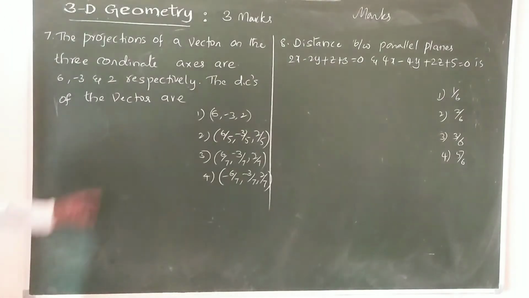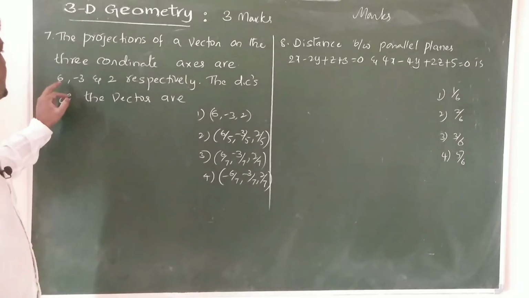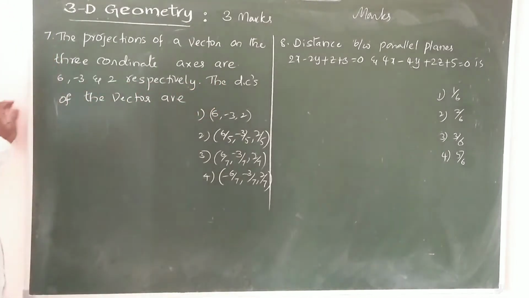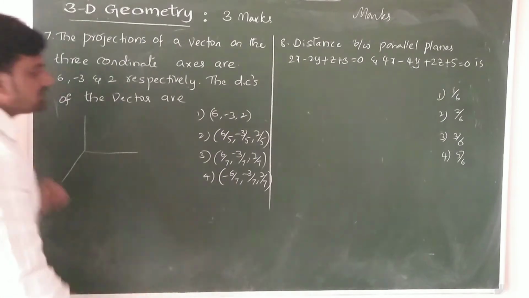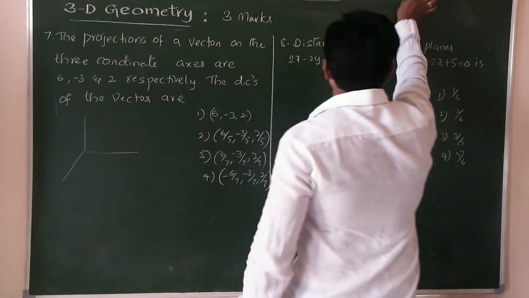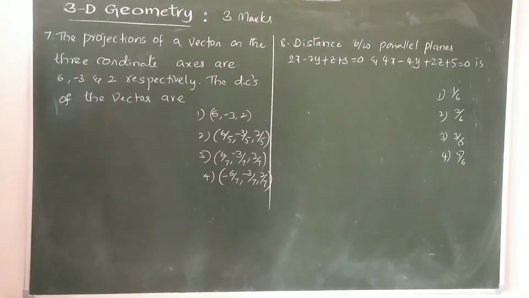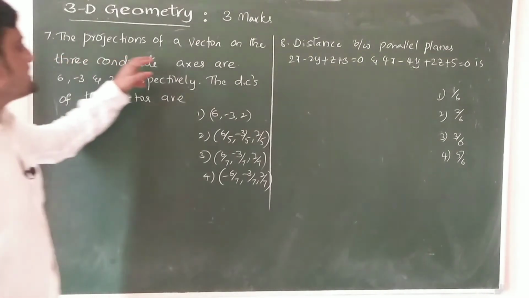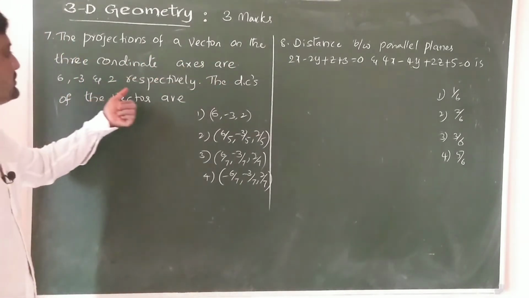Okay, now the problem is the projections of a vector on the 3 coordinate axes are 6, minus 3, 2 respectively.